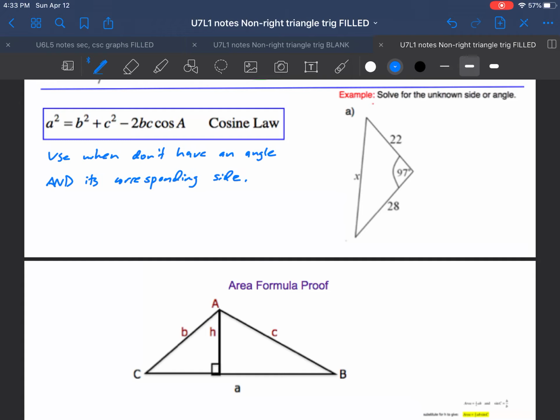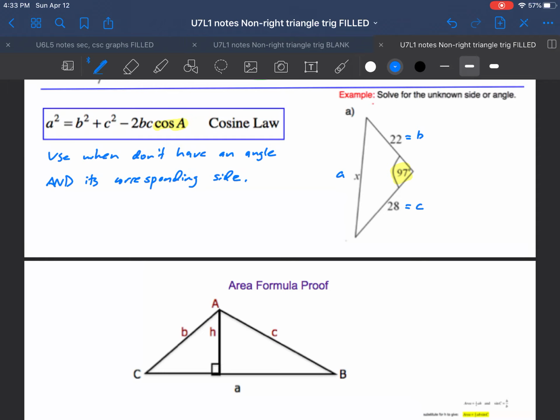We can kind of see that here. Here's the only angle I have, but I don't have its corresponding side. So I have to use the cosine rule here. The way we want to set this up, let me get a highlighter. The angle in the cosine law is A, so I'm going to make this angle A. That means this is side A, and then we could call the other two B or C interchangeably, it doesn't really matter.